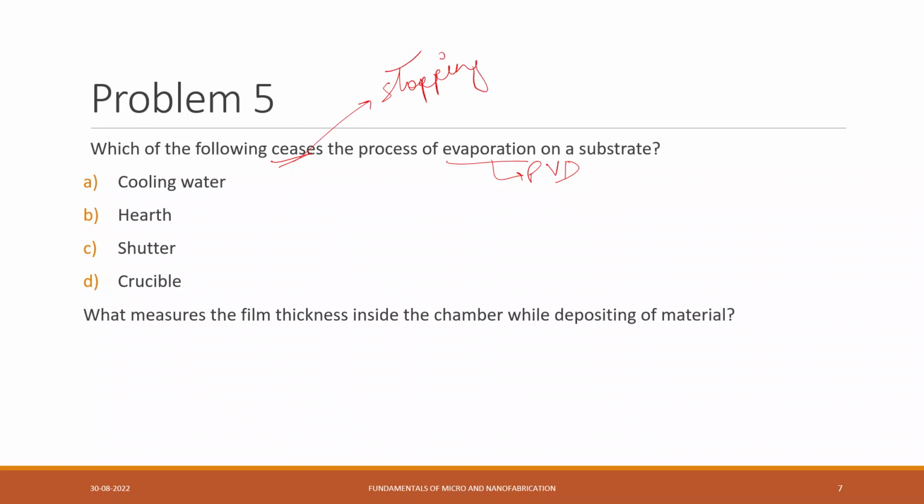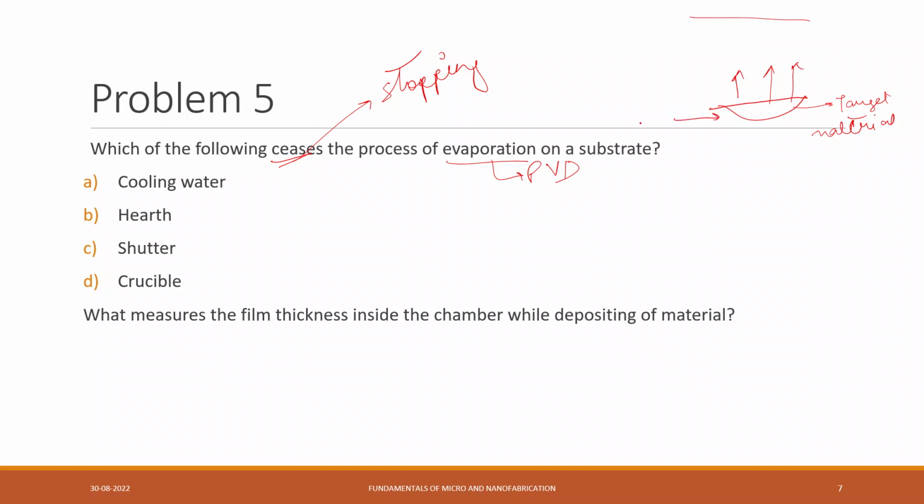Think that this is where the target material is present, and this is where you want it to be coated. So this is going on, and you are heating it.